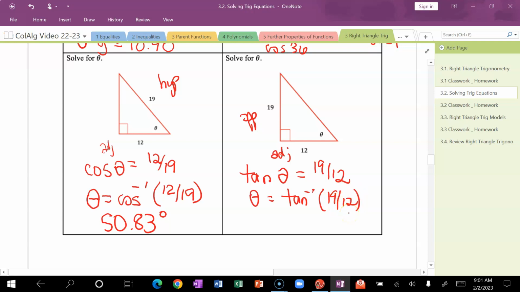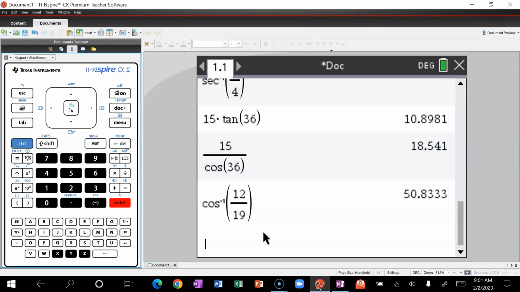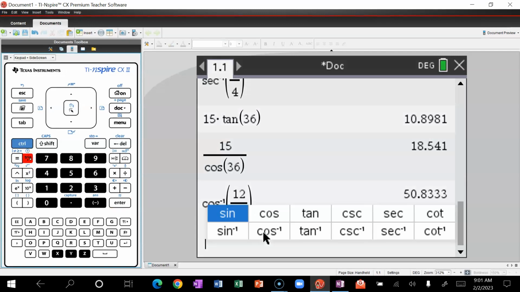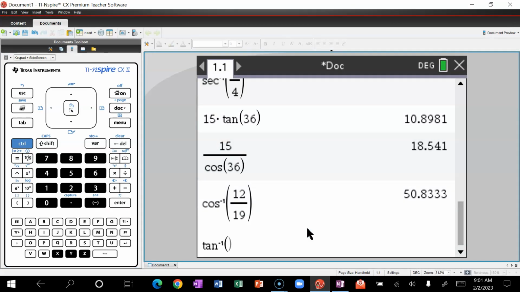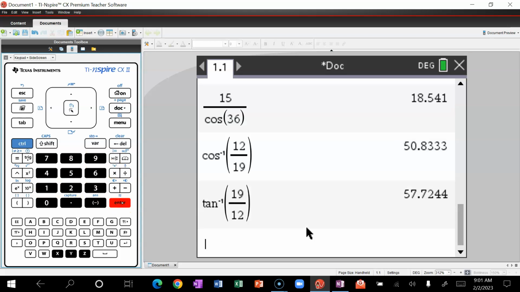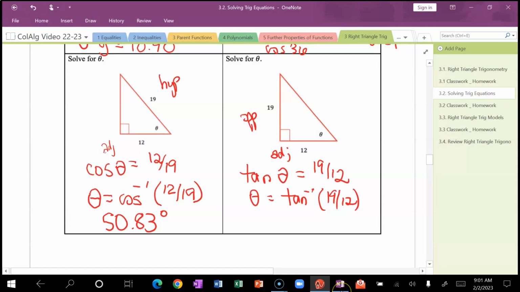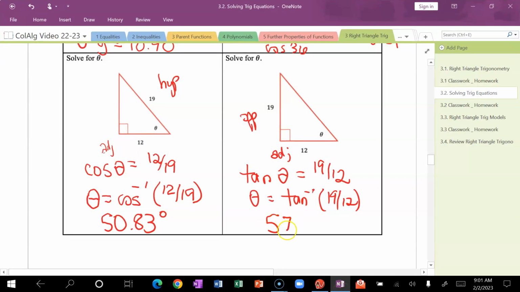So the inverse tangent of 19 divided by 12 is 57.72. So 57.72 degrees.